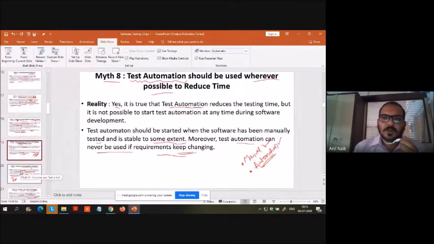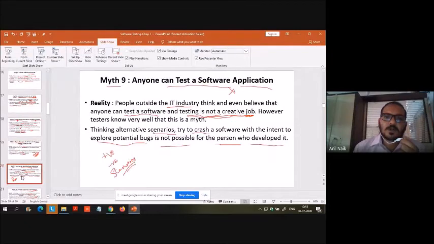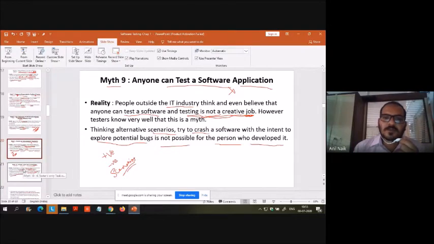Test automation should be used wherever it is possible to reduce the time. Yes, it is true that wherever it is possible, we should go for the automation tool. And anyone can test the software application is wrong, because we need to test in different scenarios, positive and negative conditions.